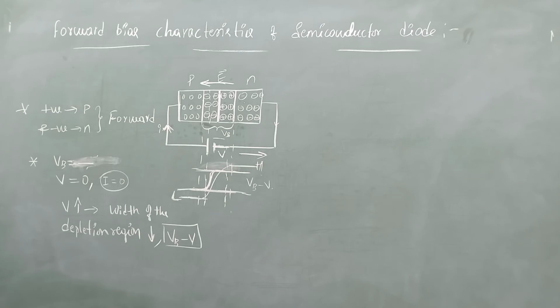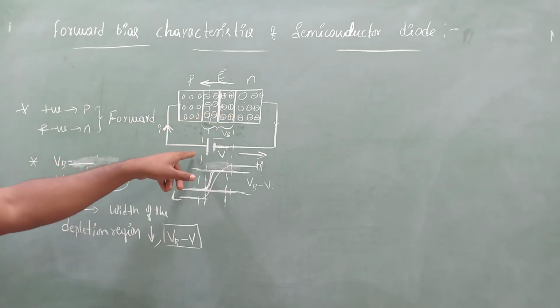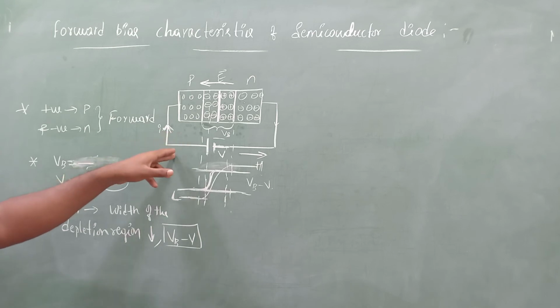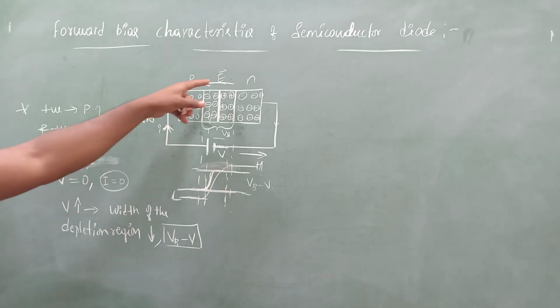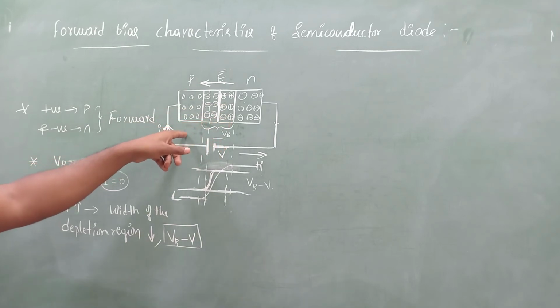semiconductor diode. When we apply an external source of battery to this semiconductor diode, what happens? The electrons from the N side will get diffused to the P side due to an external electric field, because the applied electric field is greater than the electric field we got here across the potential barrier.